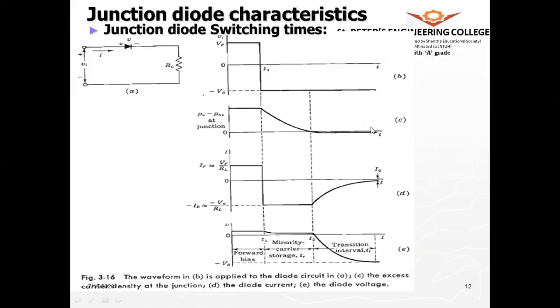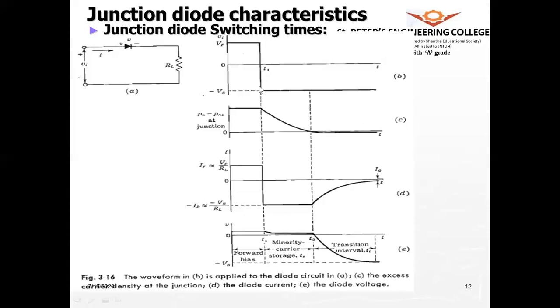So therefore, this time is a very crucial time. We have seen that when the diode is in the forward bias condition, there is a large current flowing, and because current is present, the diode acts as a closed switch.